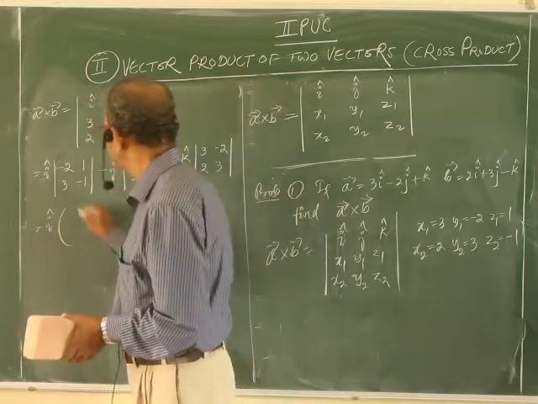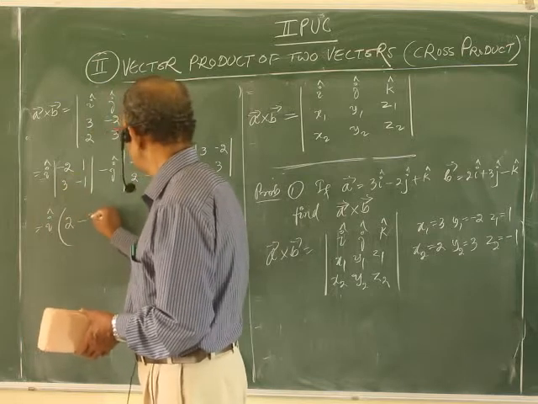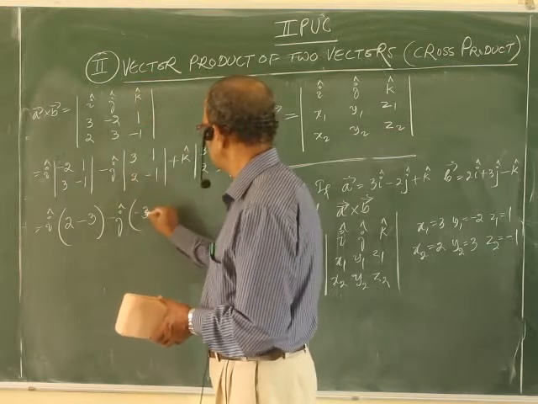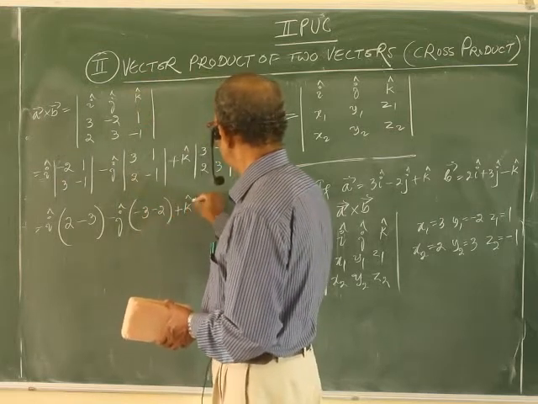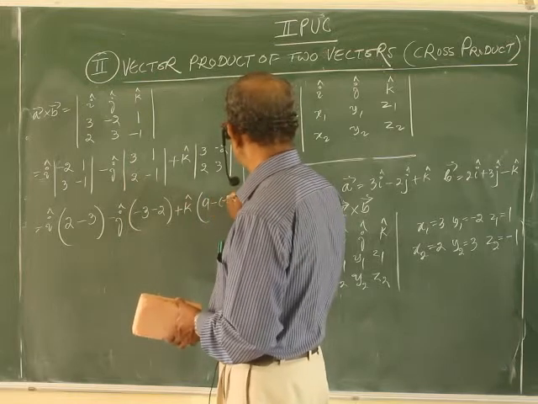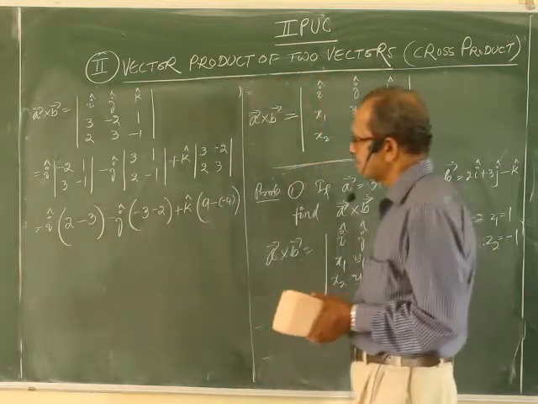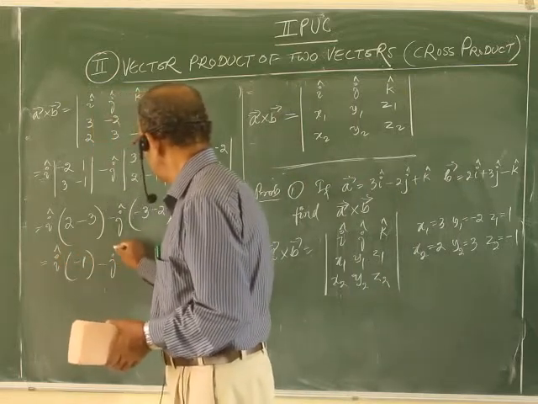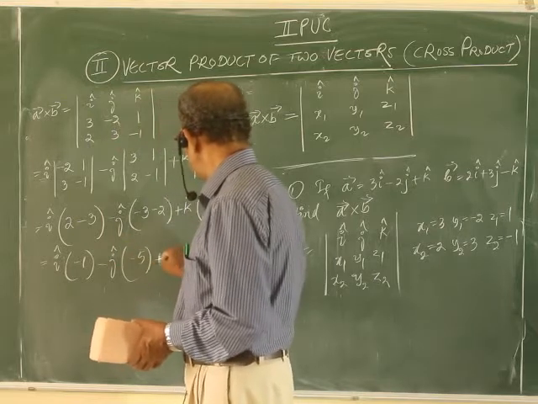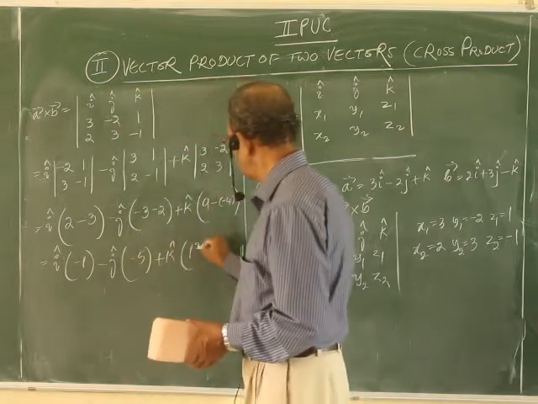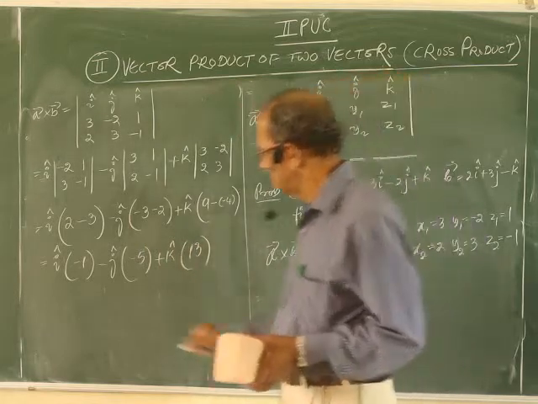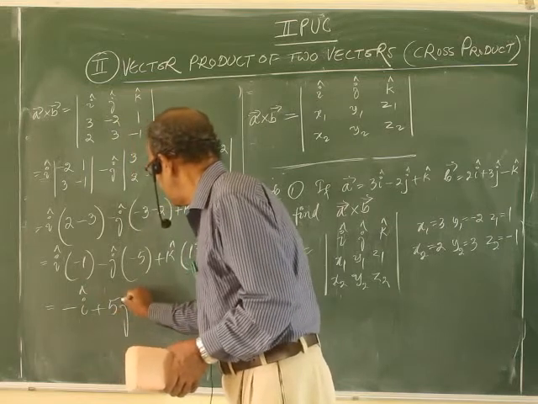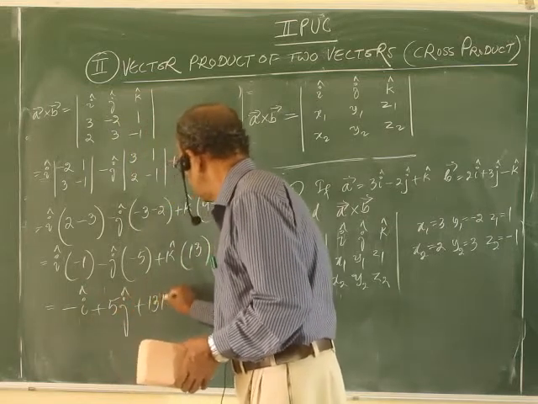I into 2 minus 3, minus j into minus 3 minus 2, k into 9 minus of minus 4. I into minus 1, minus j into minus 5, k into 13. Final answer is minus I plus 5j plus 13k.